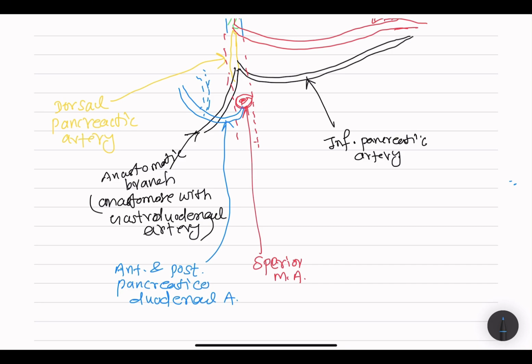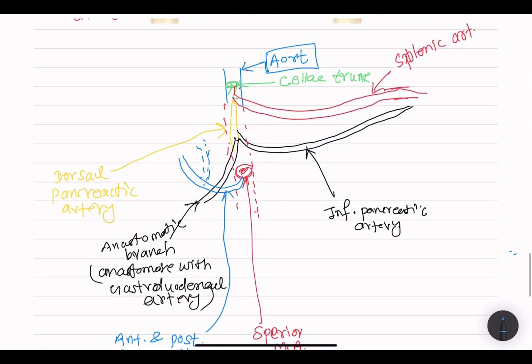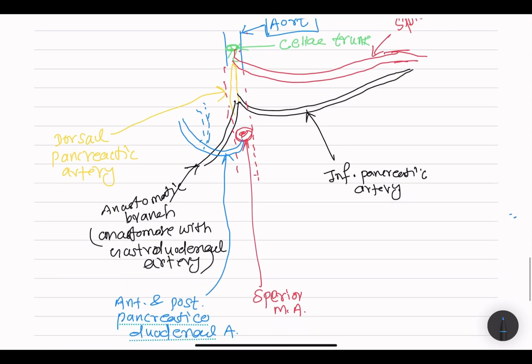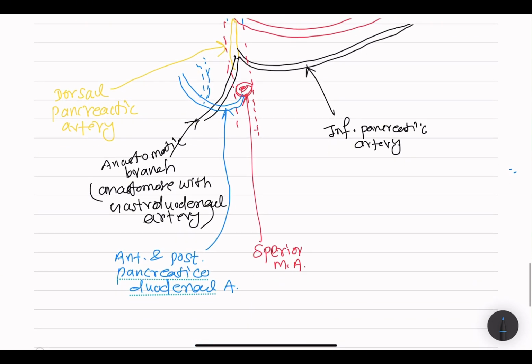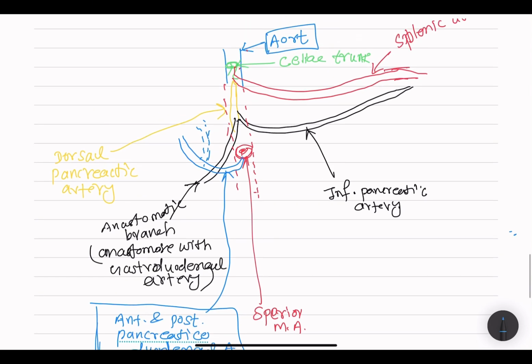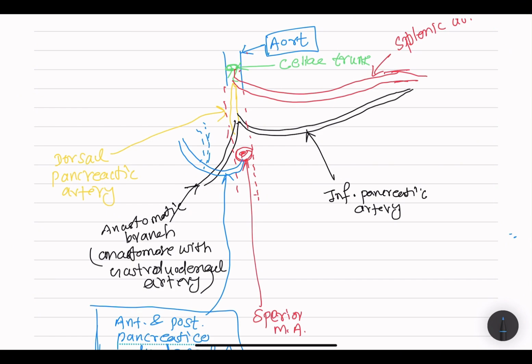So you understand from where the anterior and posterior pancreatico-duodenal artery arises. It arises from the superior mesenteric artery, not from the celiac trunk. So it's very important to know this artery. It's a very common question, because sometimes we don't focus on this artery, but it supplies the head of the pancreas.